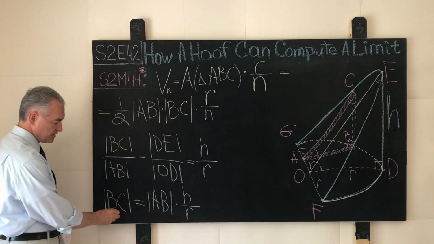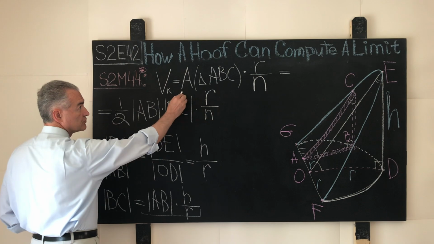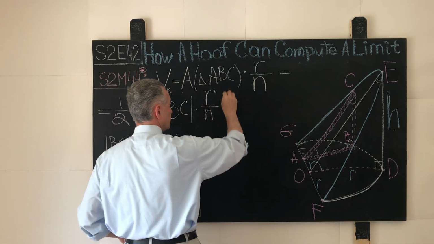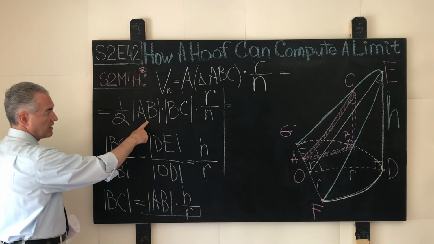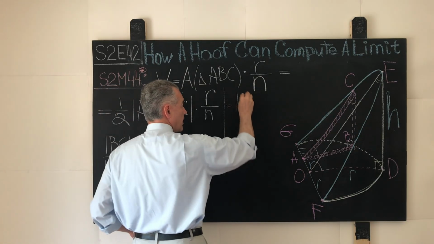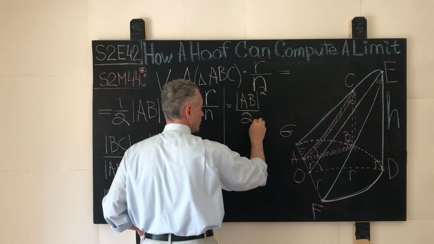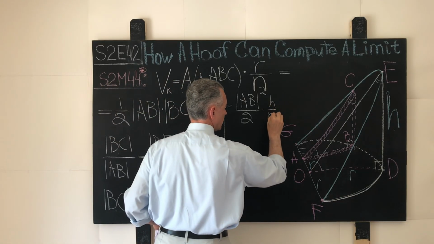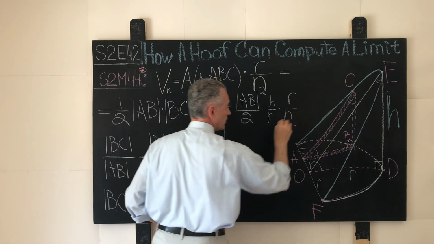So now we take the expression for BC, this portion over here, and we slug it into this formula over here. What do we have? Here we'll continue, let's say on this side. What will we have? Well, we will have AB times AB. This will be AB squared over 2 times H over R times R over N. What do we see?